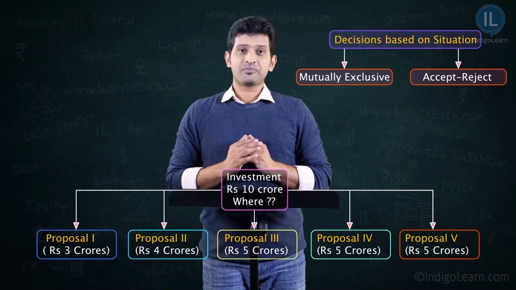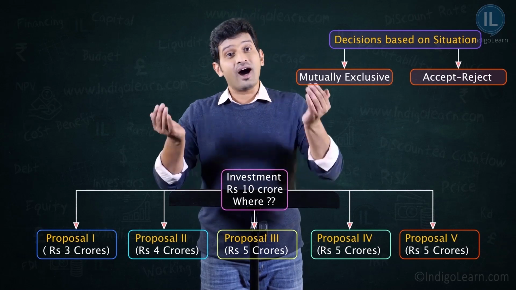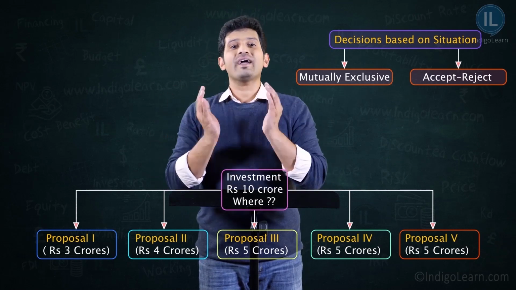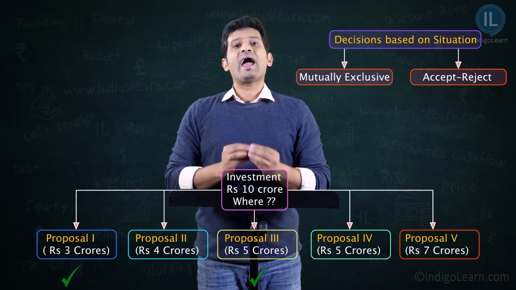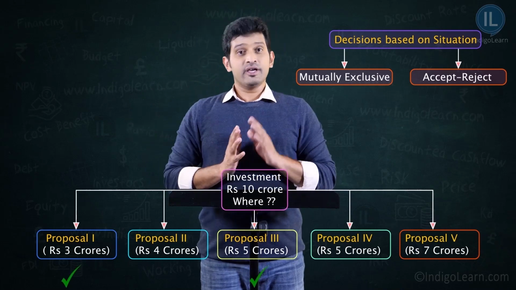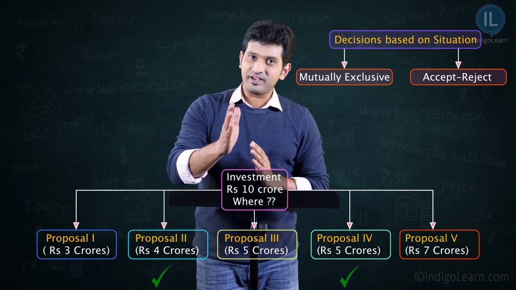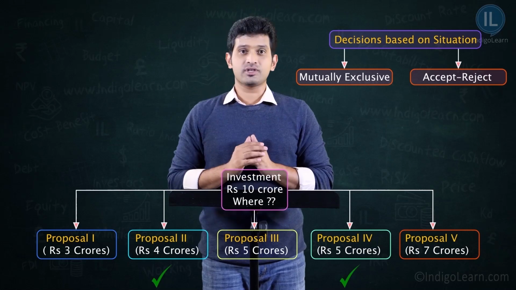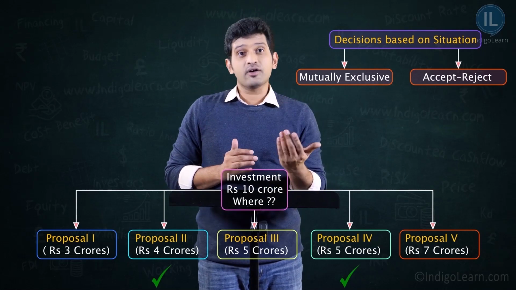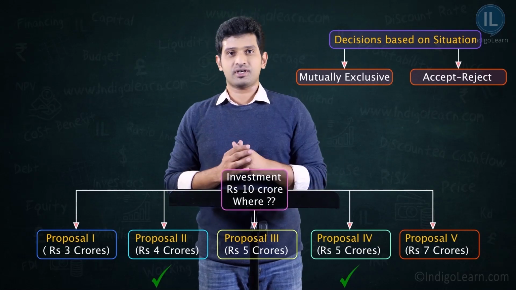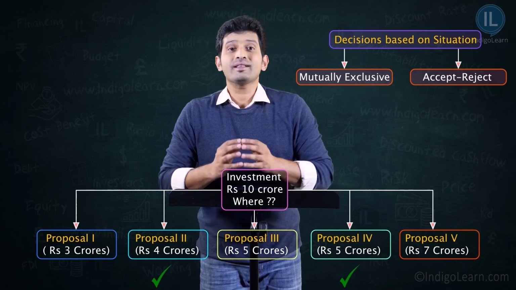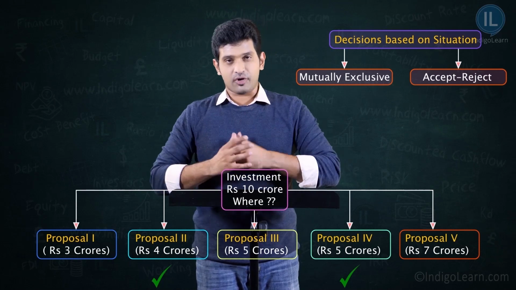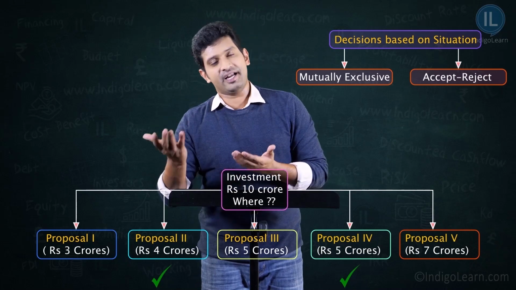You will pick them up. Then you will see whether they are within your purview of expenditure or capital budget. If you take up a 3 crore project and a 5 crore project, it is fine. If you take up a 4 crore project and a 5 crore project, it is fine because they are less than 10 crores. But if you want to take up a 4 crore and a 7 crore project, it is not possible. Again, it may be possible based on the nature of the projects, whether they are divisible or indivisible.